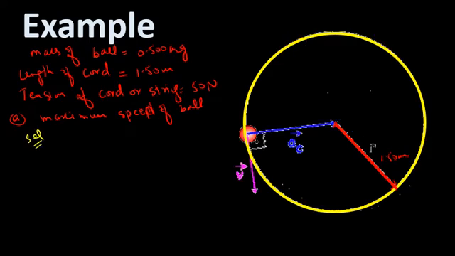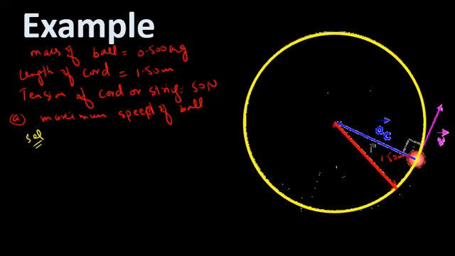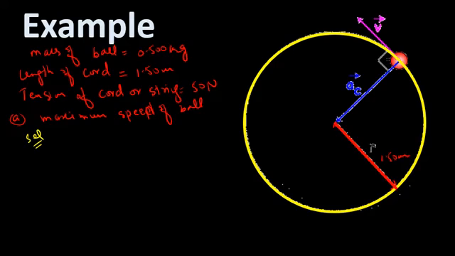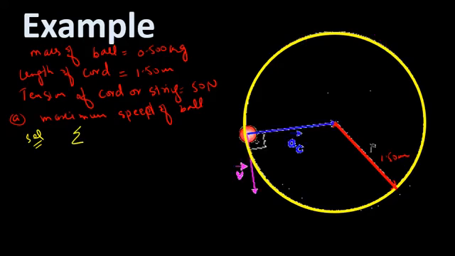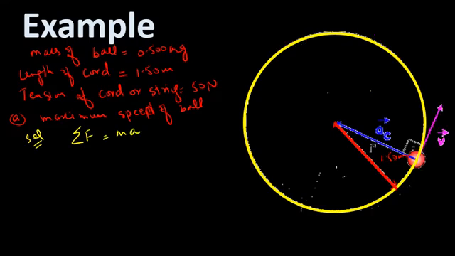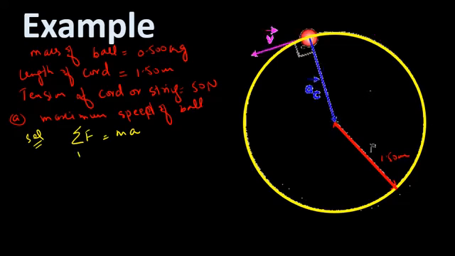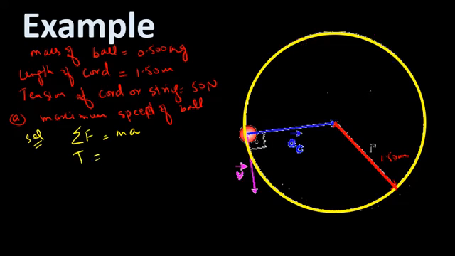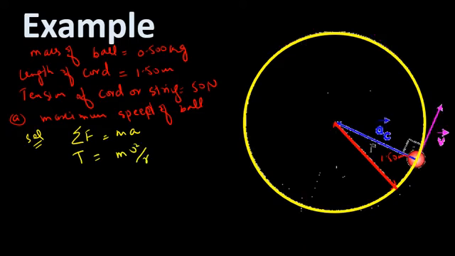We know that the force that causes the centripetal acceleration in this case is the tension in the string. So here we can apply Newton's second law, sum of forces equal to ma, and the force of the string is the force which provides the centripetal acceleration. a is equal to v squared over r, so T = mv²/r.